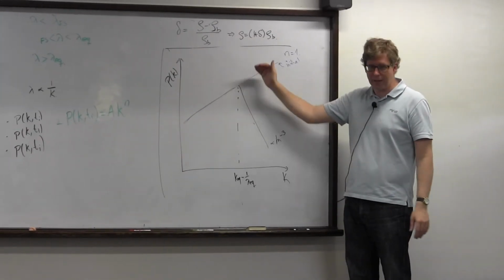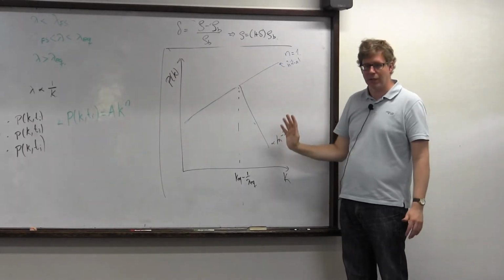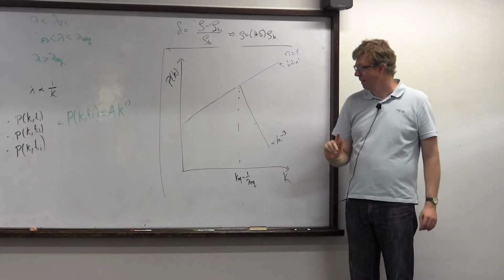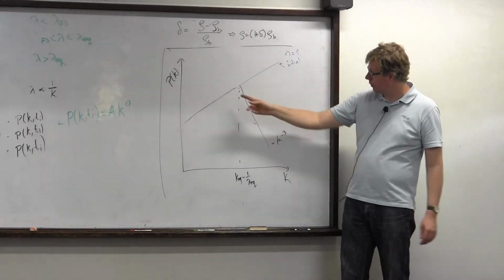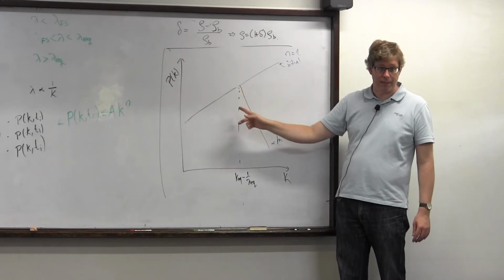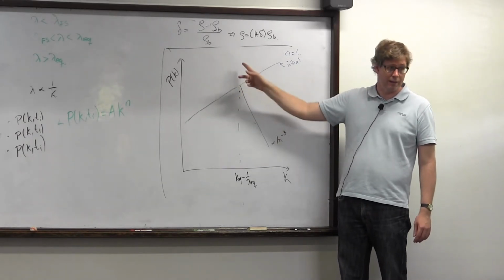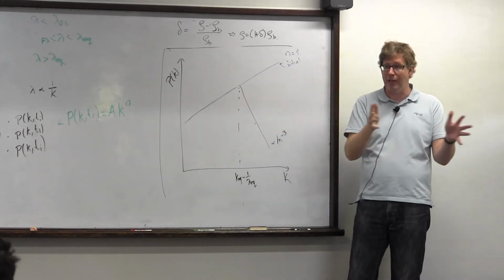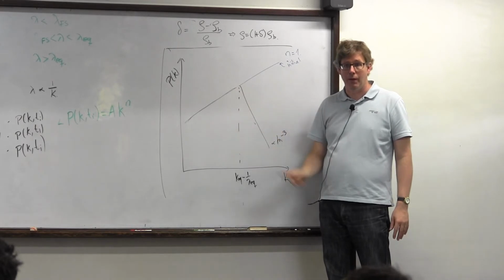They get weakened, they drop down, and your power spectrum looks like this. And now you see there is a scale here. That scale is set by the size of the horizon at the time when matter and radiation were equal. So that's what the size here is.